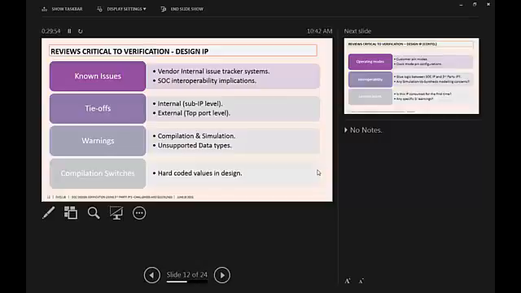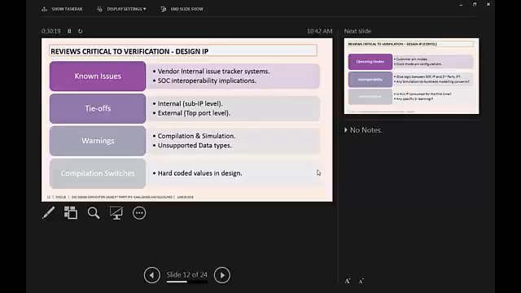As a designer, my considerations are different, but from the verification perspective, these are all very important: tie-offs, internal tie-offs and external tie-offs. You need to explicitly know what internal pull-ups or pull-downs they have made in that configuration. It's not because you already believe that it comes verified. It's possible that your top-level stimulus at the IP level may not percolate down to those tie-offs.